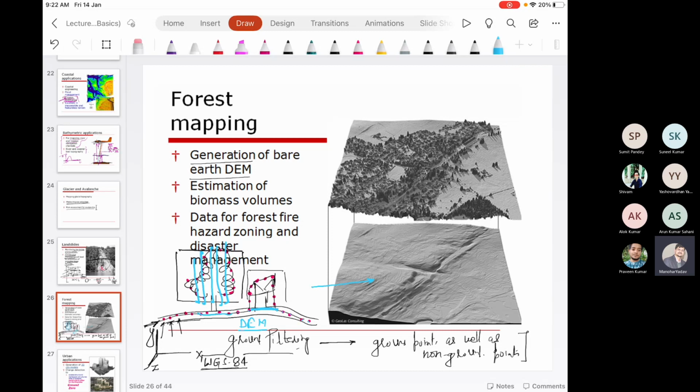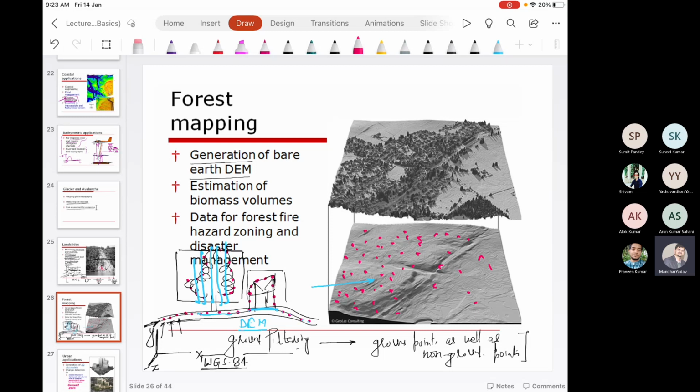This is a mathematical surface that we generate using the various points' coordinate information, and these are the ground points generated after the ground filtering. So this is one part.